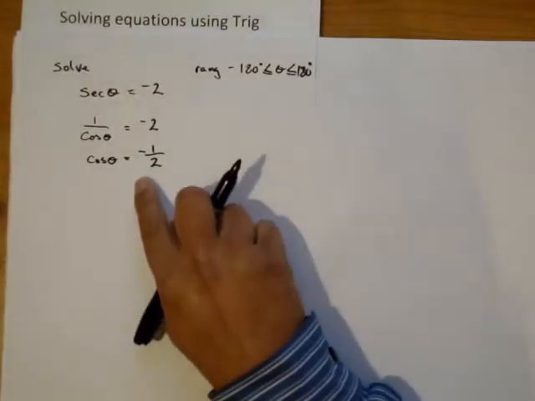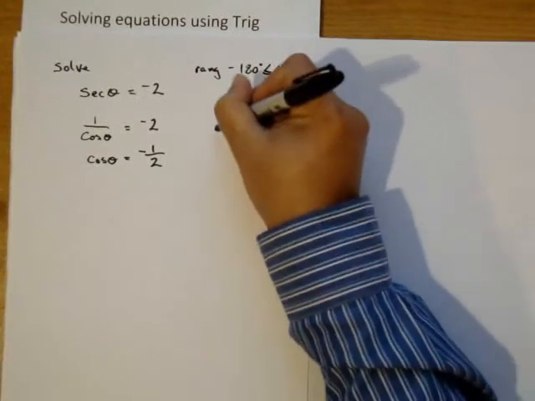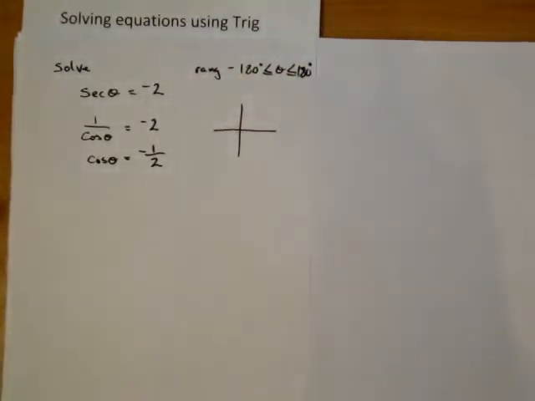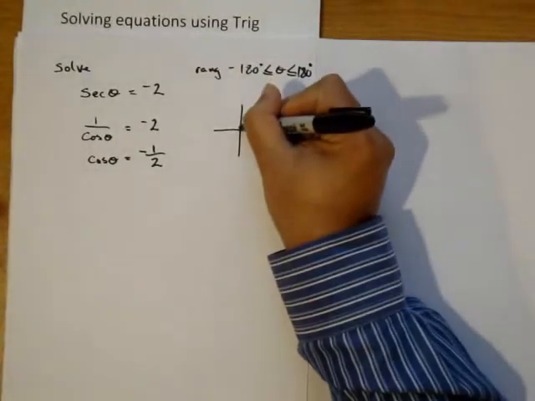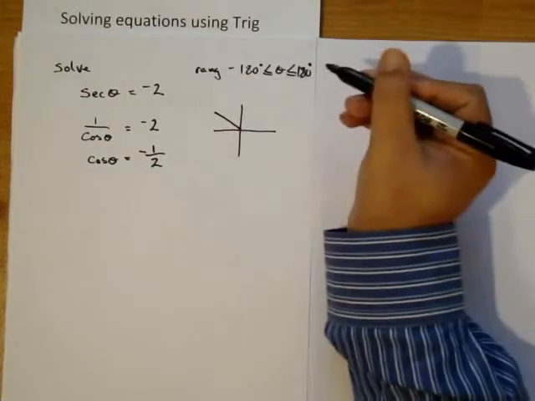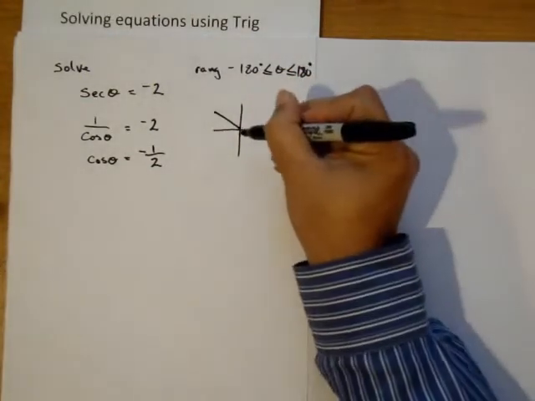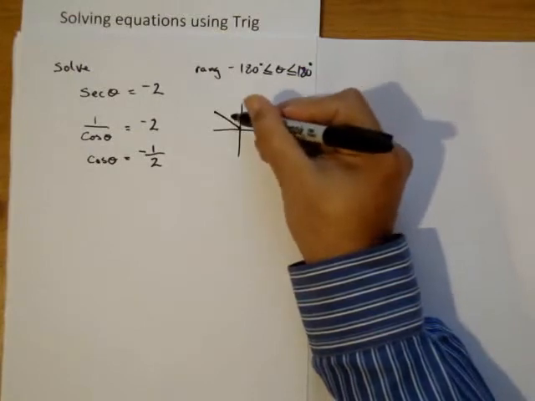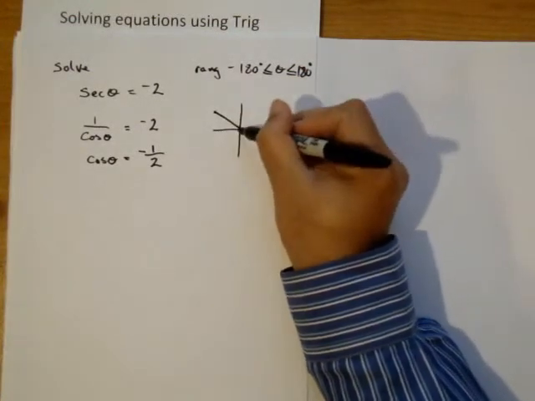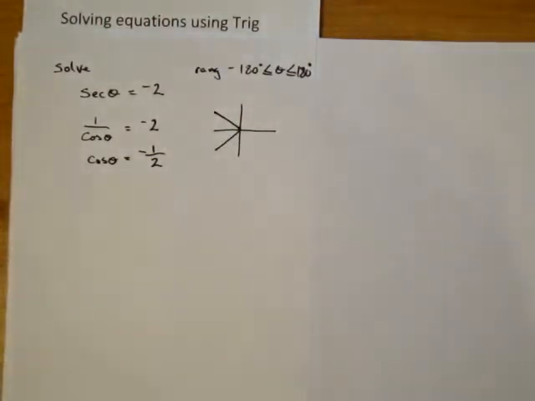Cos theta is negative, so if we draw our quadrant, where would it be negative? It's positive here, all are positive here, it's negative here, only tangent is positive here, so it's negative in the second quadrant and also in the third quadrant.